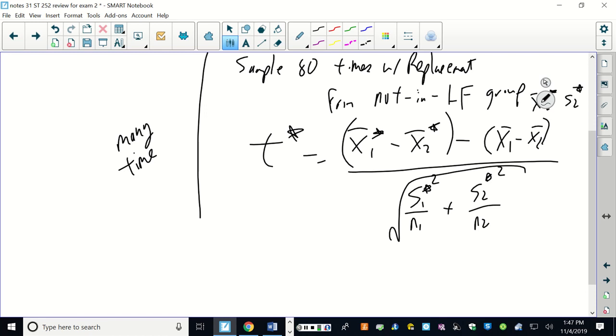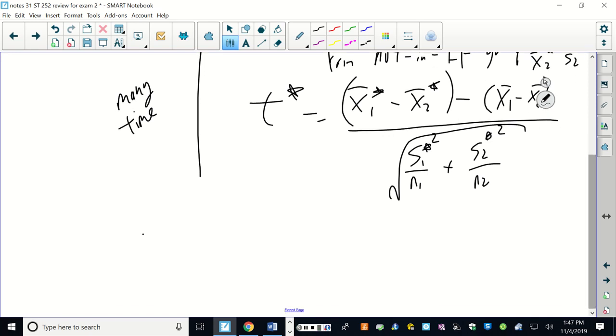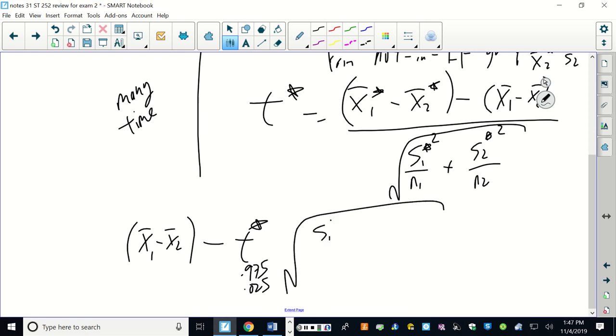We're going to take the 2.5 percentile and the 97.5 percentile as t values and put those into the interval. So the interval ends up being our average of these two things minus the t star values, either the 0.975 value or the 0.025 value, times this standard error from the original sample.